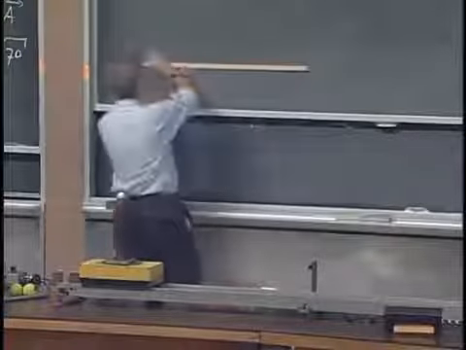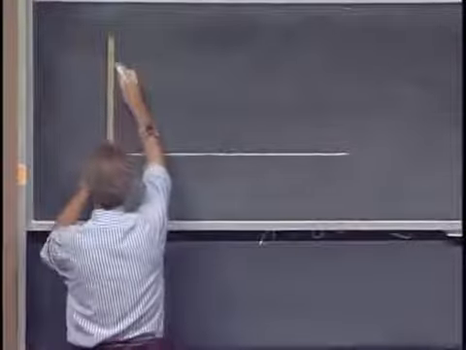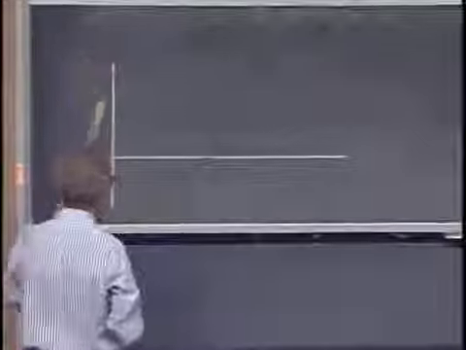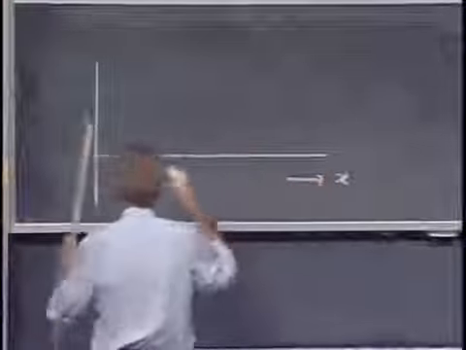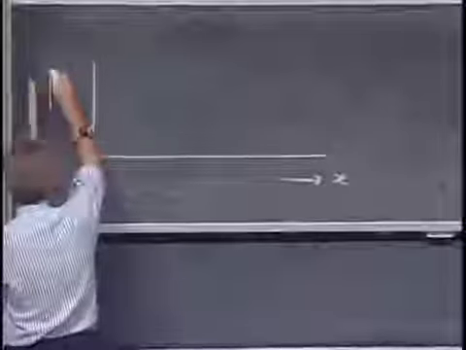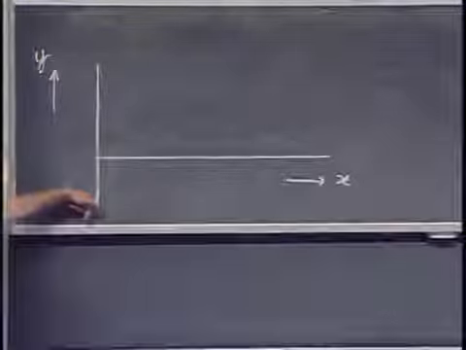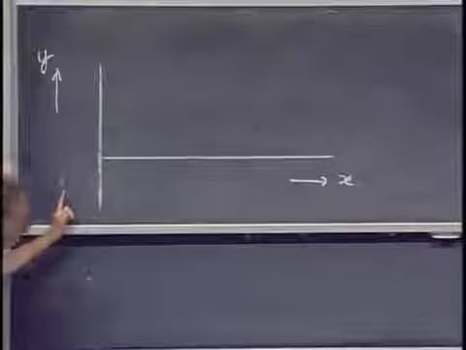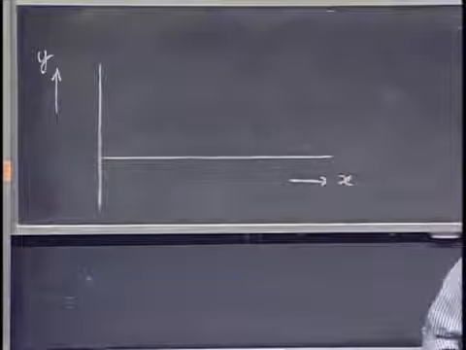I call this my x-axis, and I'm going to call this my y-axis. I call this increasing value of x, and I call this increasing value of y. I could have called this increasing value of y. Today I've decided to call this increasing value of y. I'm free in that choice.